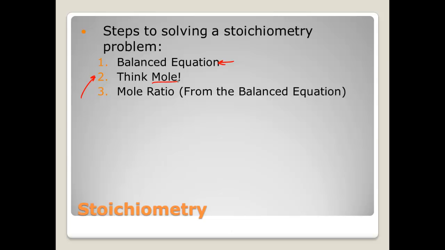Can't stress it enough. And then you use your mole ratio. This is basically your recipe. And this comes from the balanced equation. The mole ratio. That's what it's all about. So, stoichiometry in a nutshell.